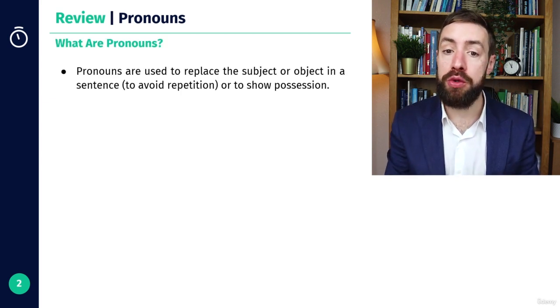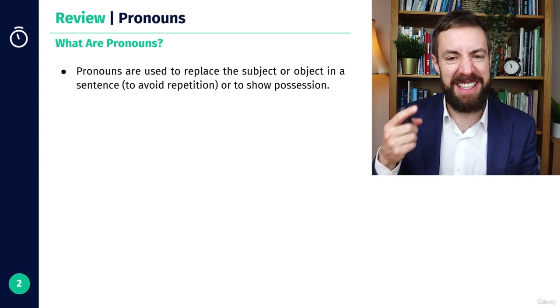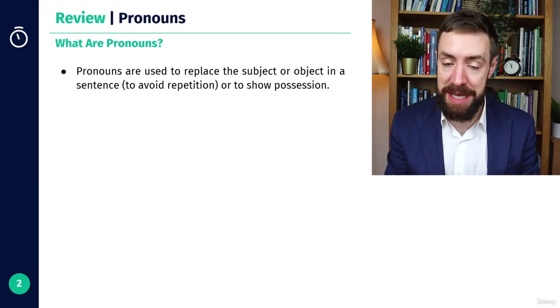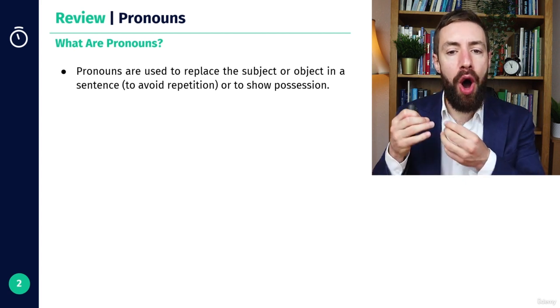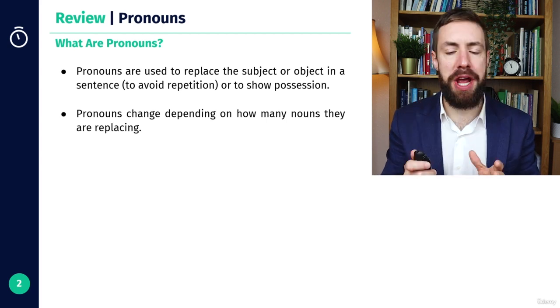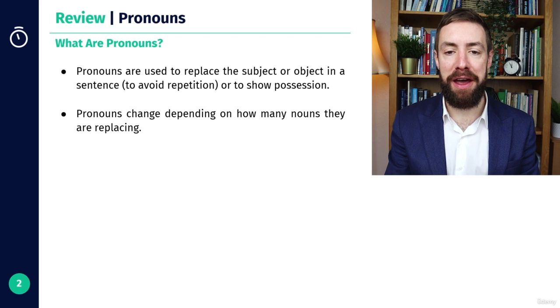So, pronouns are used to replace the subject or the object in a sentence to avoid repetition, to avoid saying the same thing again, or to show possession. Possession is when you own something, when you have something. Now, pronouns can change depending on how many nouns they are replacing.